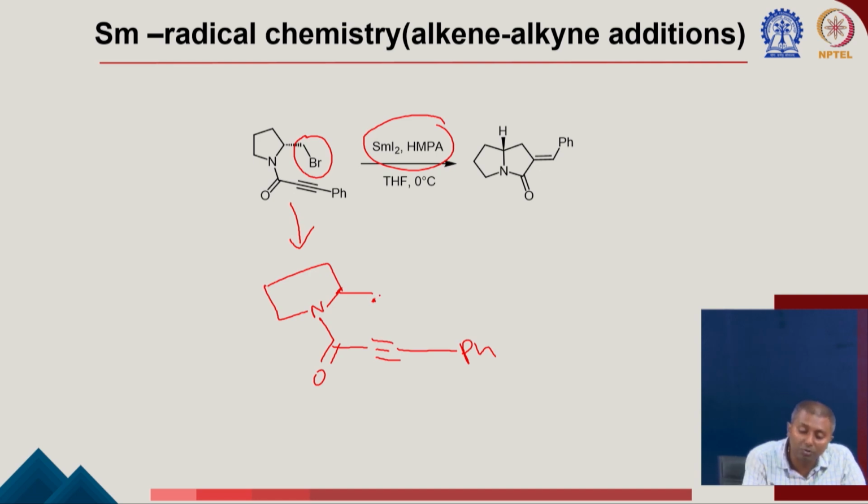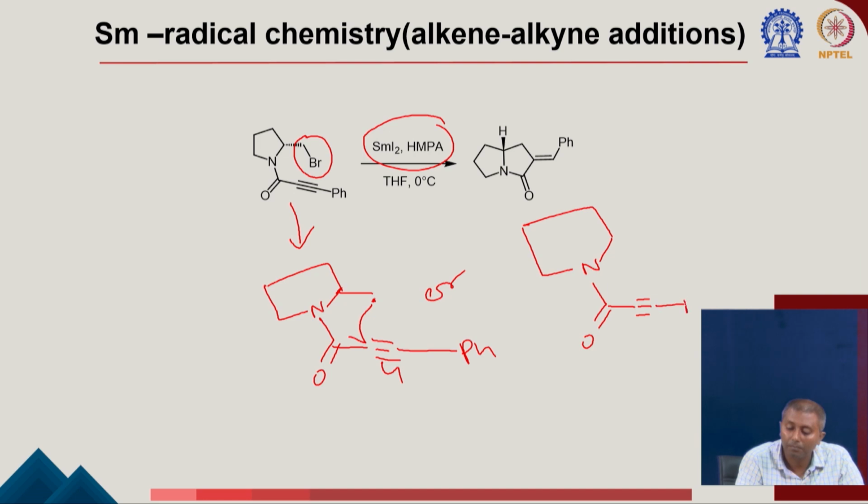It can either go for some sort of an exo cyclization, or it can go for a 5 exo or a 6 endo.